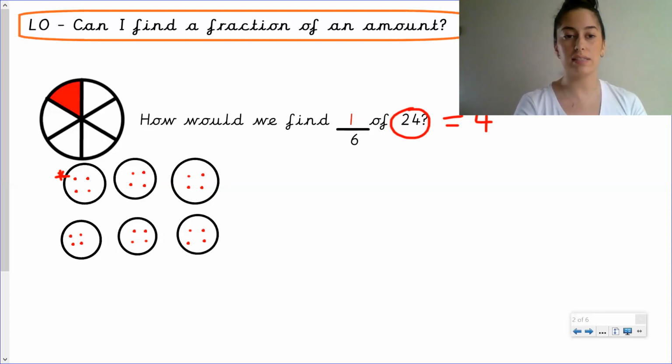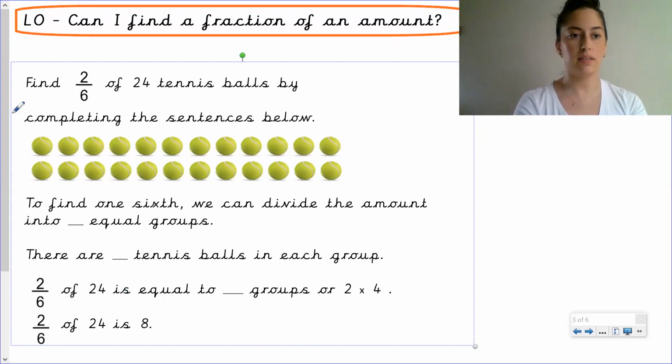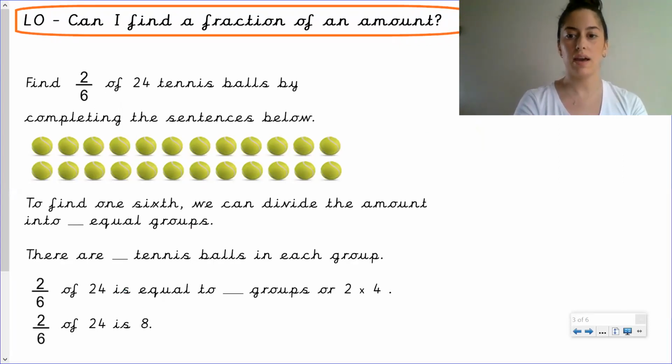Can you use the same method to complete this slide? Pause the video, have a go at completing the sentences, and then play the video when you've had a go.